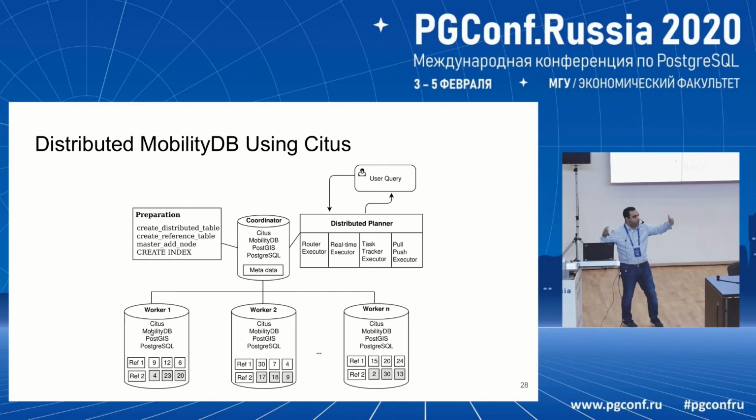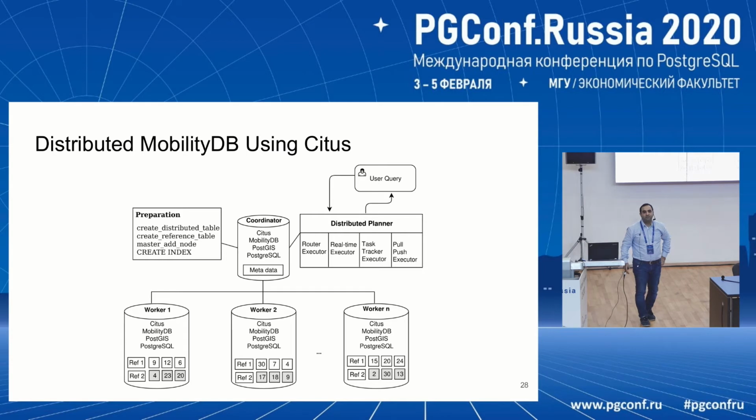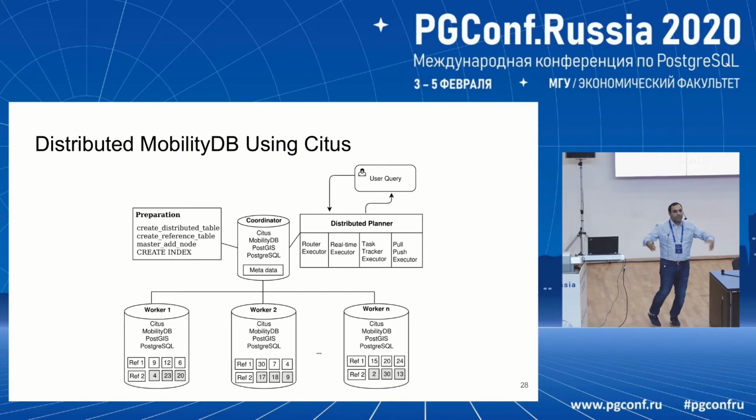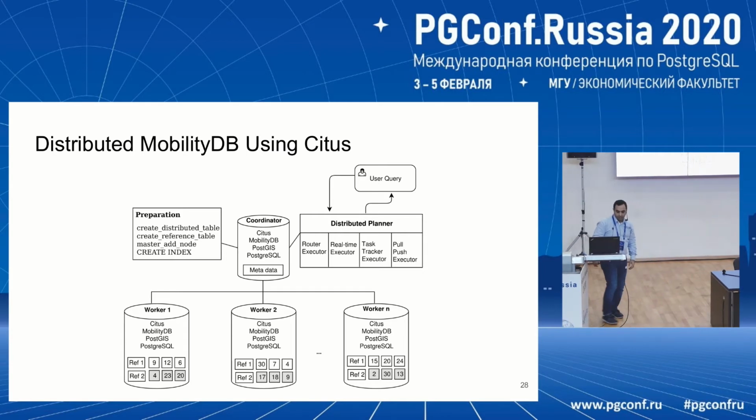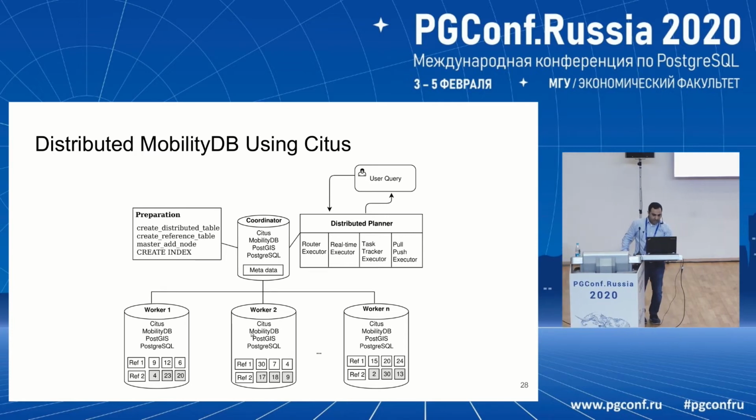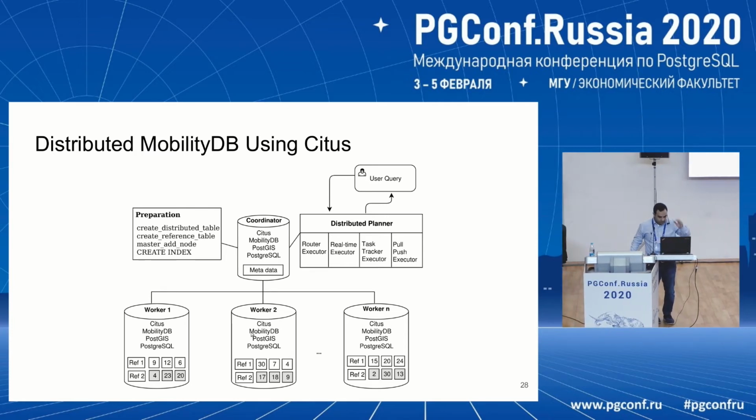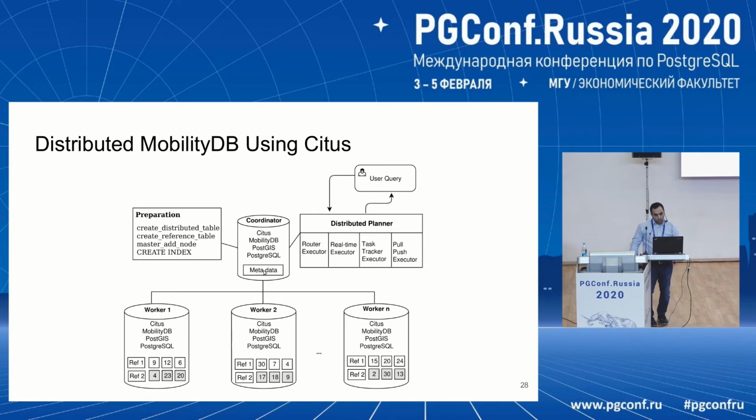You can deploy a cluster of MobilityDB instances and then manage very big tables. And it's pretty straightforward. One coordinator node and multiple worker nodes. All of them have the same stack: PostgreSQL, PostGIS, MobilityDB, and Citus.